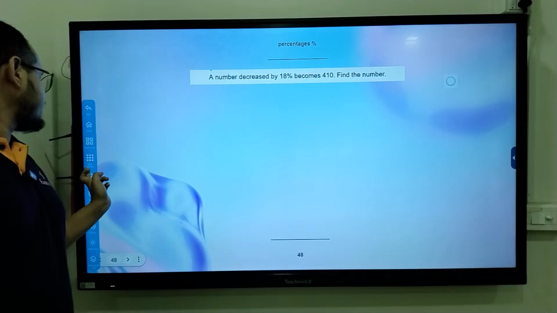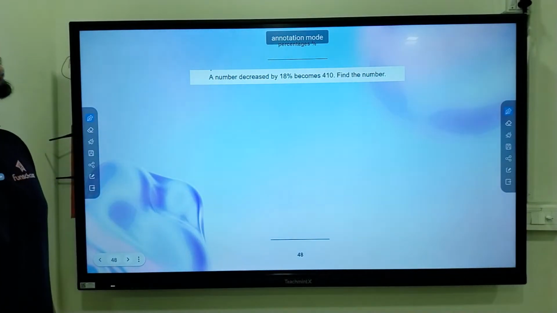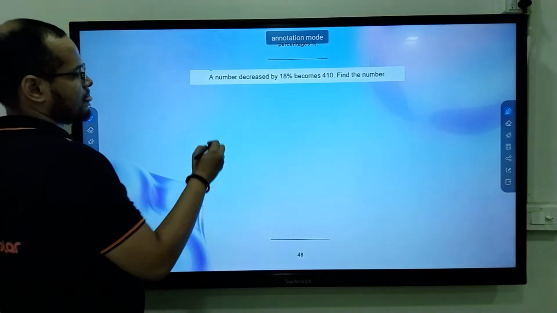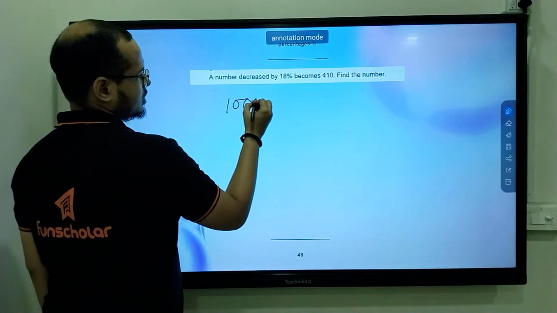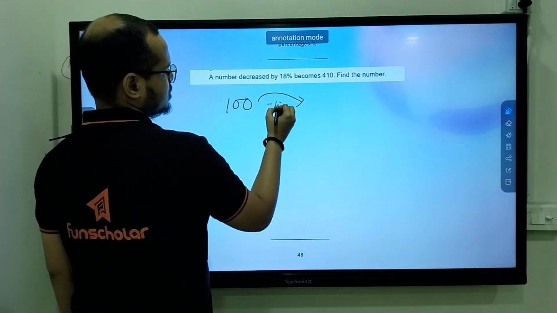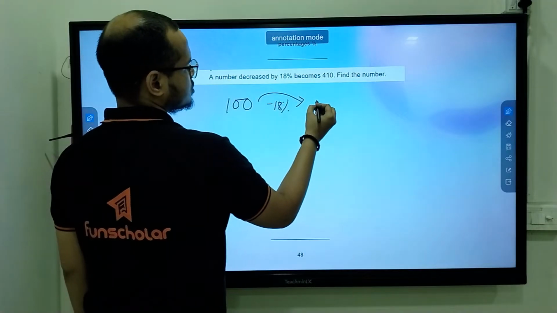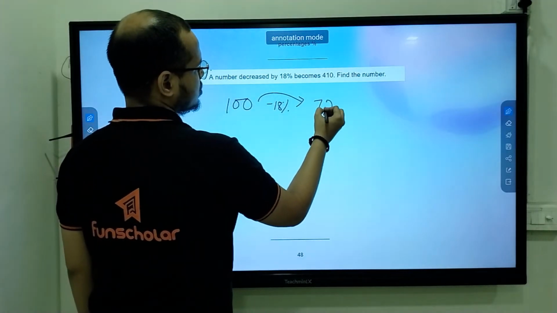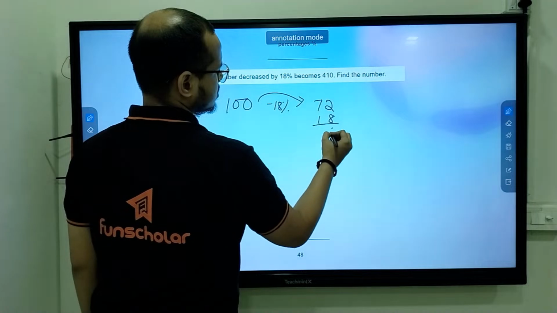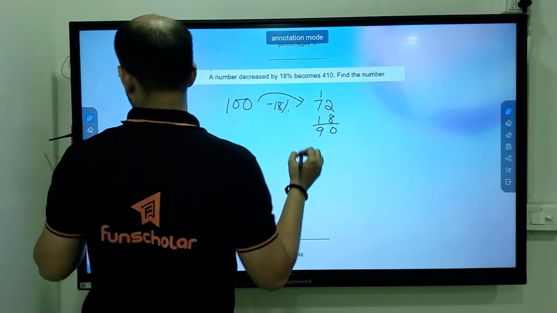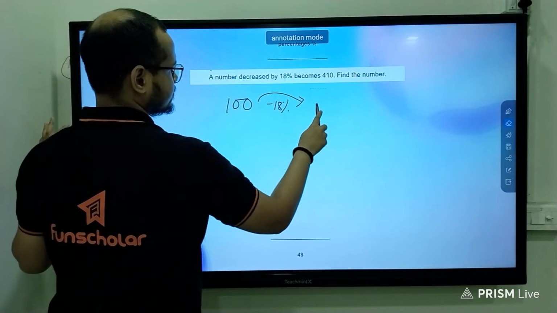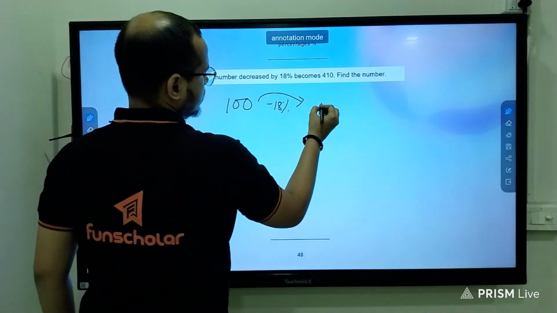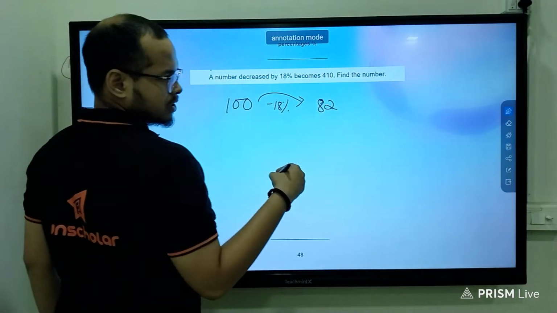Next, a number decreased by 18% becomes 410. So a number was 100, it got decreased by 18%. So now the number is 82.